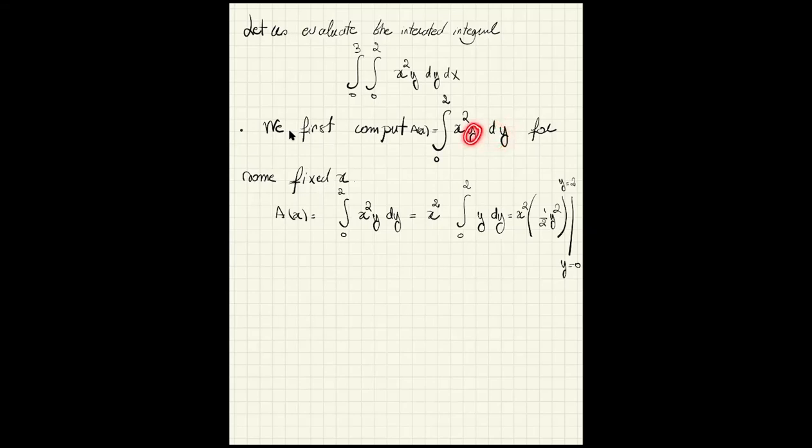This does not depend on y because you're integrating over y. So for some x, you integrate from 0 to 2, where y varies from 0 to 2. So it doesn't make sense to write what is y.